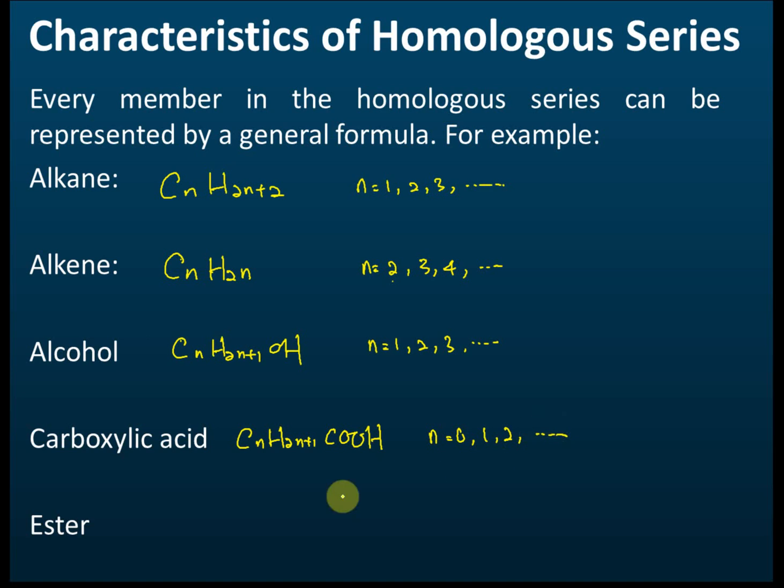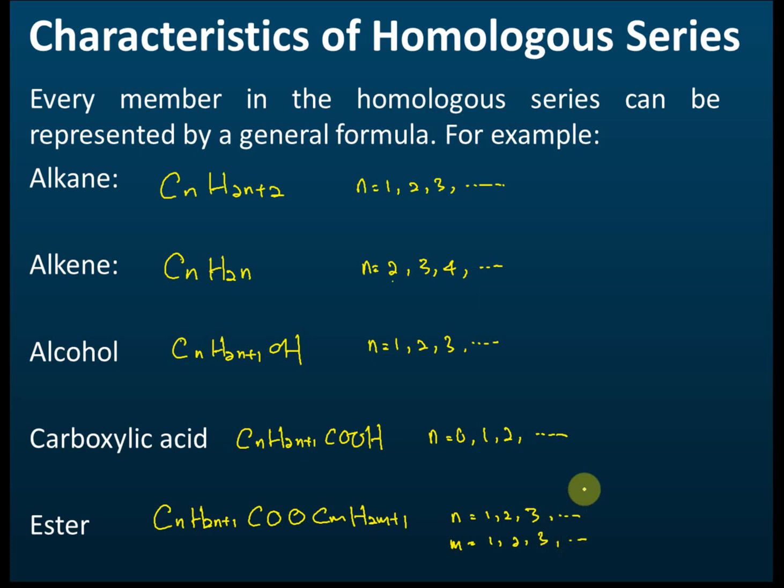And the last one, the general formula for ester, is a little bit complicated. The general formula is CnH2n+1COOCmH2m+1. The n starts from 1, and the m also starts from 1, 2, 3, and so on.